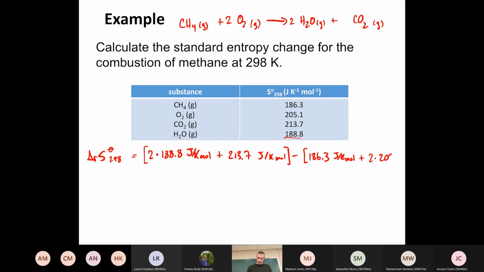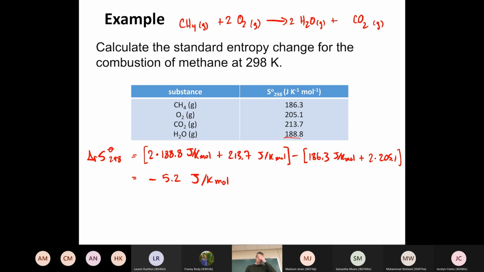You know what the units are there, joules per K-mole. And when you calculate this out, you get negative 5.2 joules per K-mole.